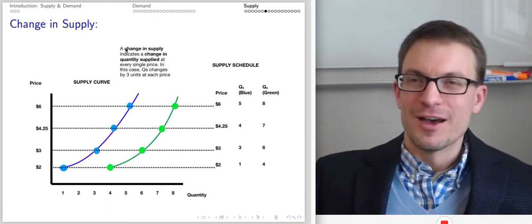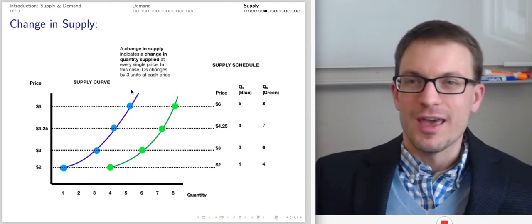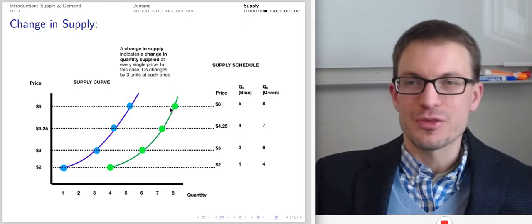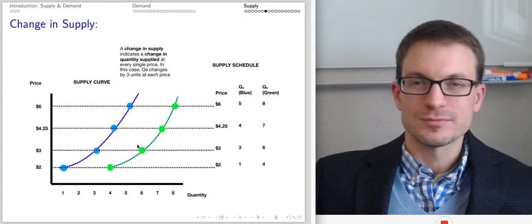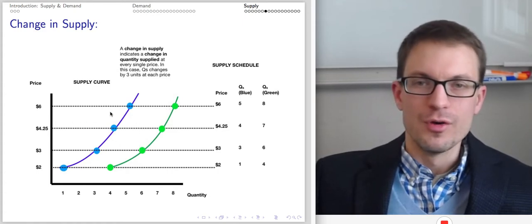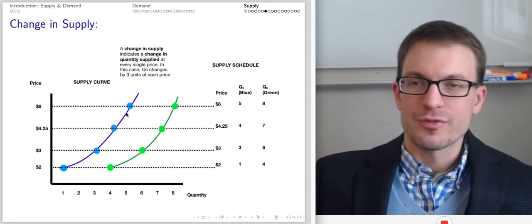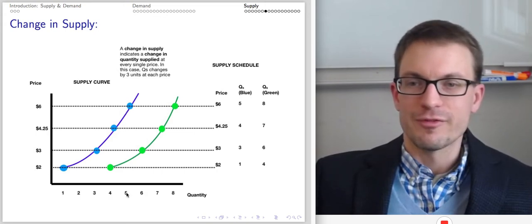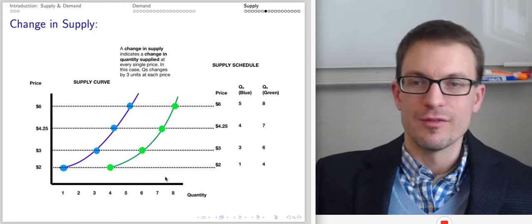So anyway, a change in supply indicates a change in quantity supplied at every single price. In this case, quantity supplied is changing by 3 units at all prices. Here we go from a price of $6 and quantity supplied of 5 to a quantity supplied of 8.